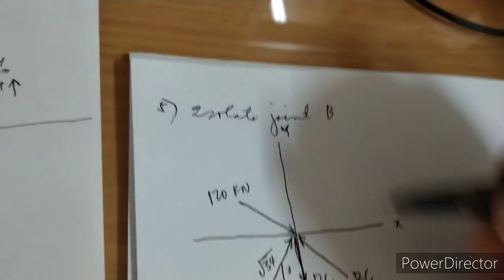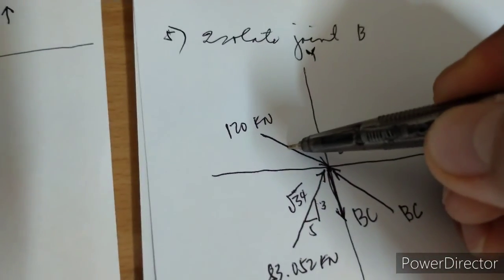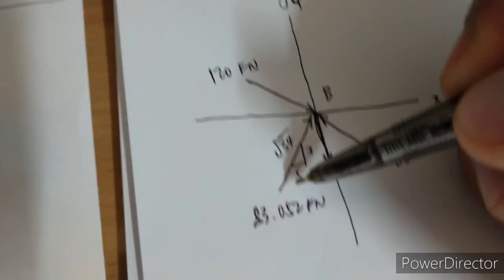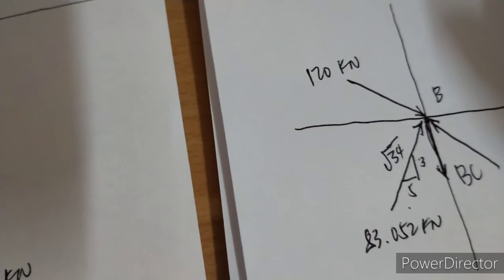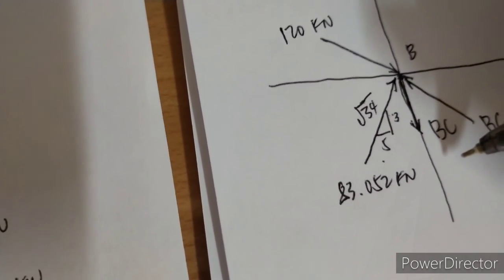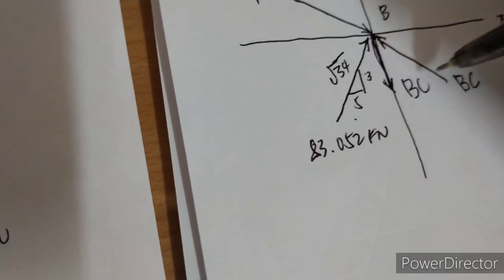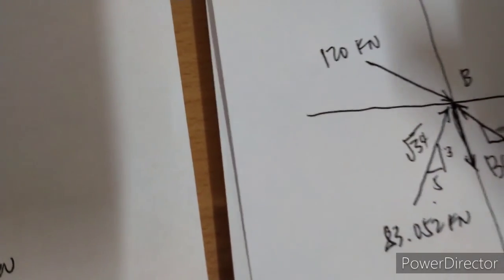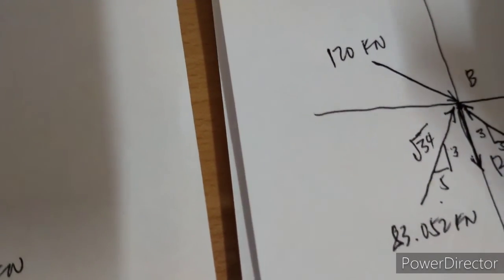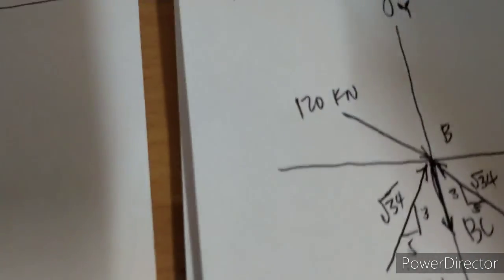So considering joint B, this is joint B. So we have 120. We have in here AB, which has a numerical value of 83.052, and we have BC acting vertically, and we have BD acting diagonally with a slope of 3, 5, square root of 34.